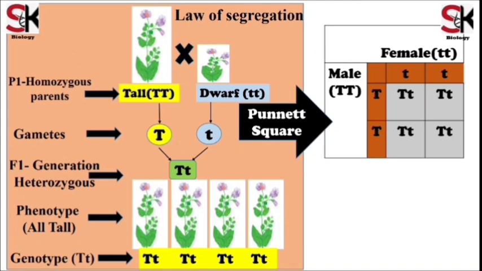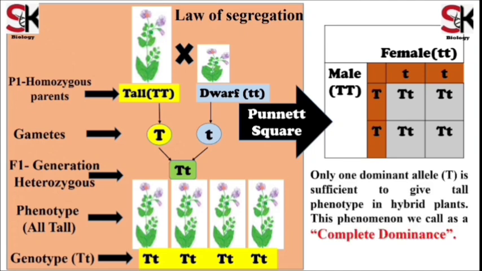All possible combinations of gametes from each parent upon fertilization give rise to the hybrid F1 generation, showing a phenotype of all tall but a genotype of one dominant allele and one recessive allele. This result suggests that one dominant allele is sufficient to give the tall phenotype in hybrid plants. This phenomenon is known as complete dominance.